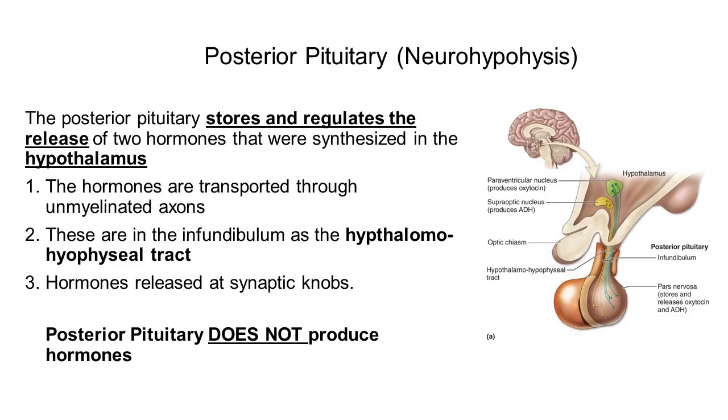So the posterior neurohypophysis, we're going to start here first. The posterior stores and regulates the release of hormones. Did I say it produces hormones? It stores them and it regulates the release, because the hormones are synthesized, aka produced, where? In the hypothalamus.